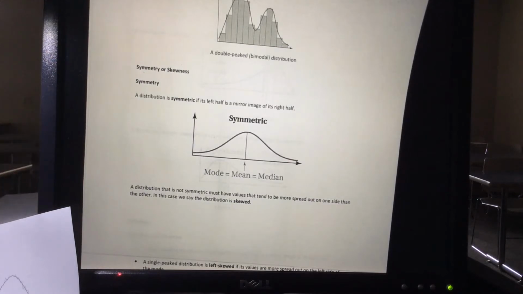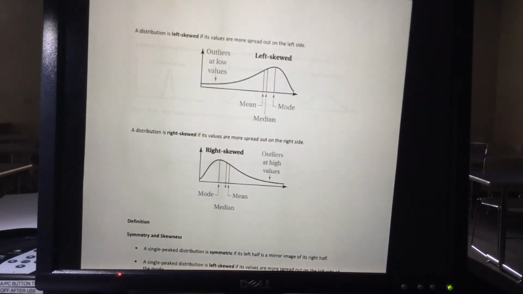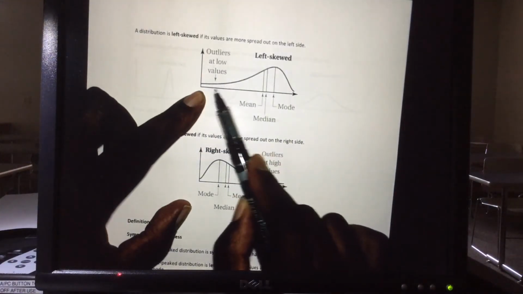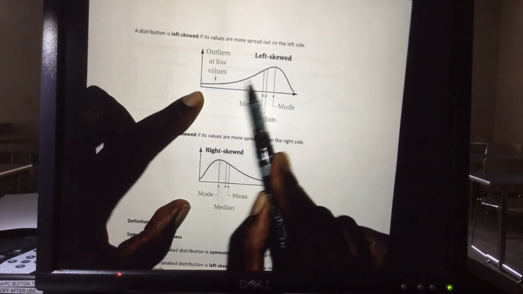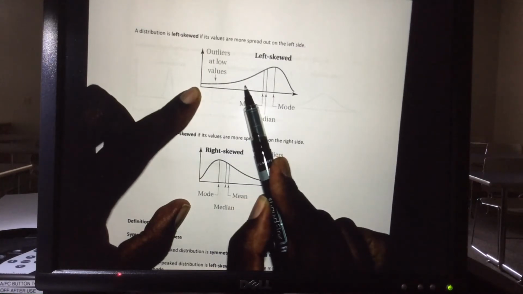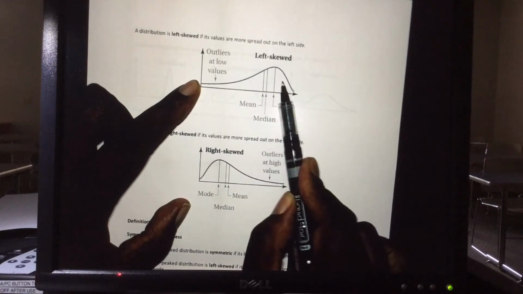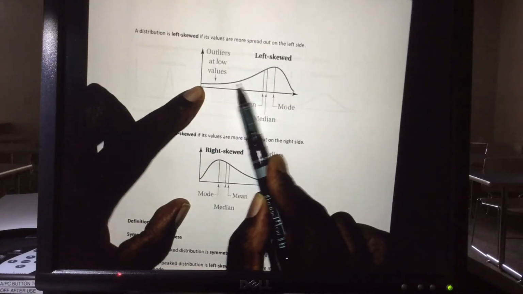Now on the next page, you'll see illustrations of what left skewed looks like and what right skewed looks like. A distribution is left skewed if its values are more spread out on the left side. And you can look at this and tell that the end on the left is skinnier than what's on the right. Okay.